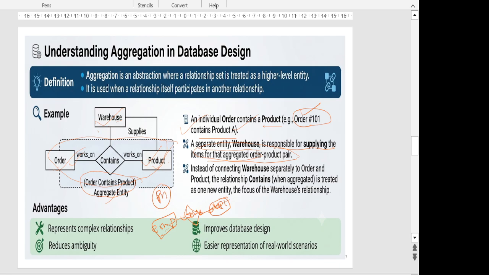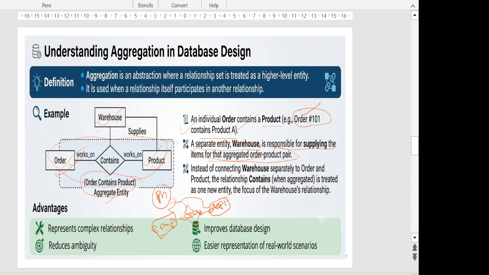Don't mind the symbols here, they are a little off. Employee works in department, right. Take the manager: the manager will manage the employee and department. Like that it will have a relation, right. You can take order and product as the best example, and the warehouse is able to handle this situation.